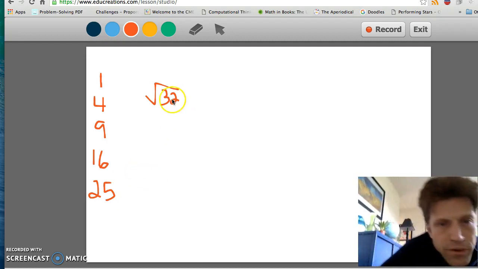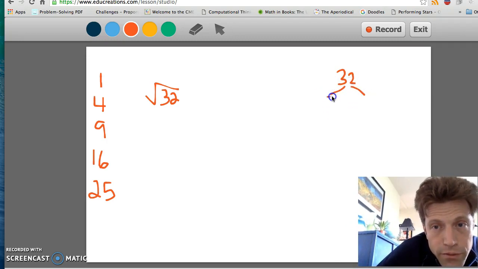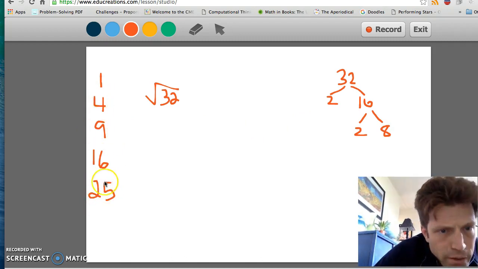So what I do, I know some people prime factor. Prime factoring would be like to do a factor tree on 32 all the way and get it all the way down to every little factor. But I don't like to do this because it's just a little too much work for me. For me, the easiest thing is to just think, let's look over here and say, okay, I want to take the biggest one out of it I can.